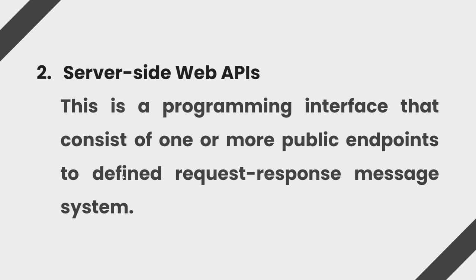And it does this in a message system. You know what a message system is. You pick up your phone, you go to the message app, you send a message to someone. When the person you send the message to gets your message, it gives you a reply. So that's exactly how the server side web APIs work in a request response message system.